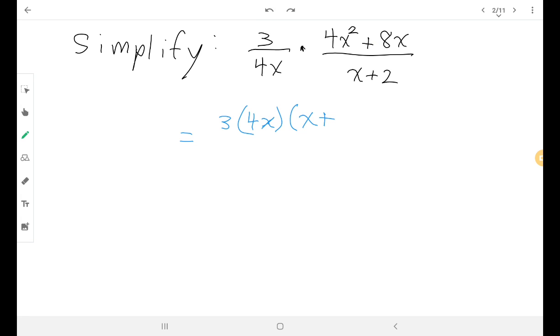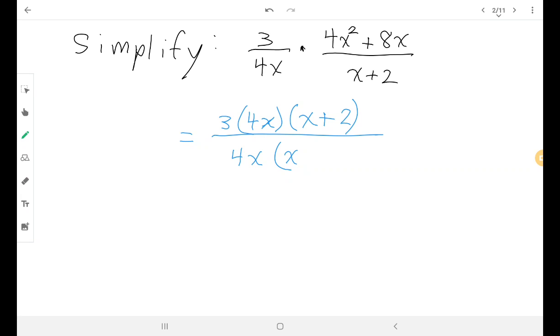And then if I divide 8 by 4, I get 2, and x divided by x gives me 1, so the x's are gone there. And notice, if I were to distribute back, I would get this again. Okay? So there's all that. On the bottom, let me just write things next to each other.